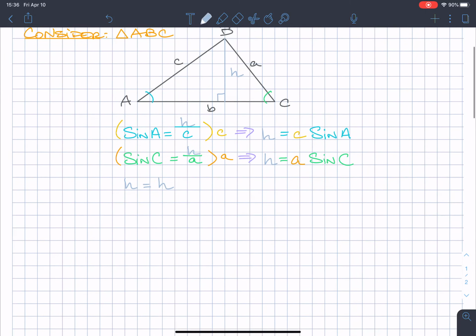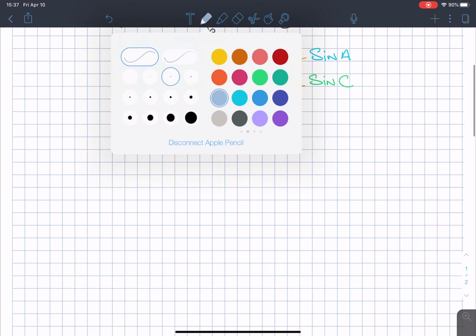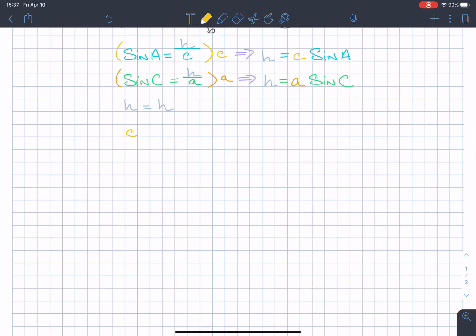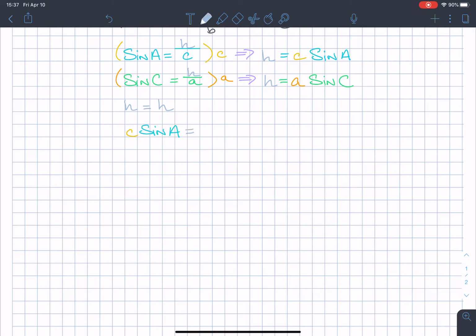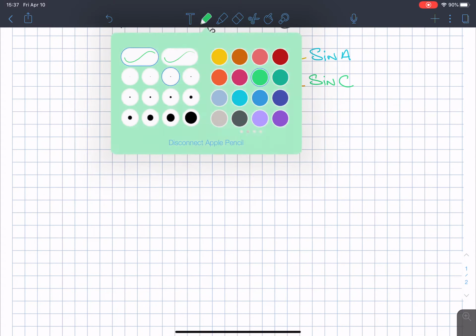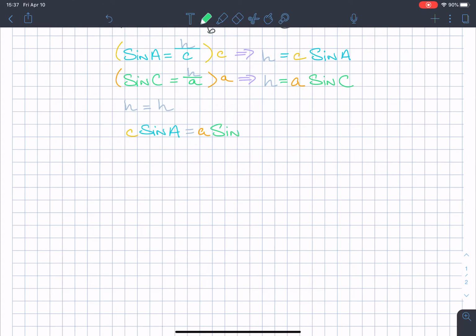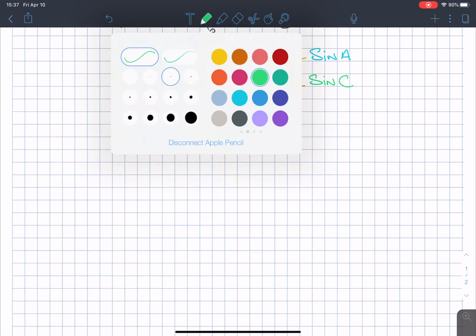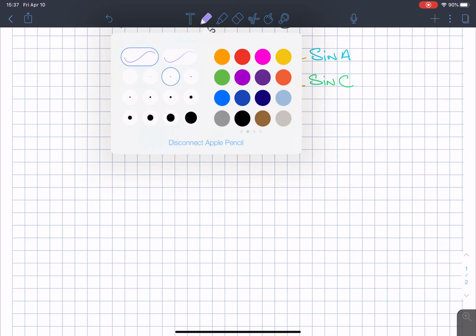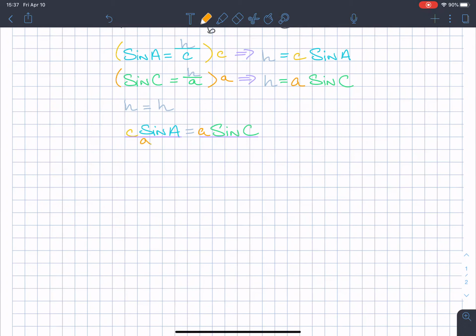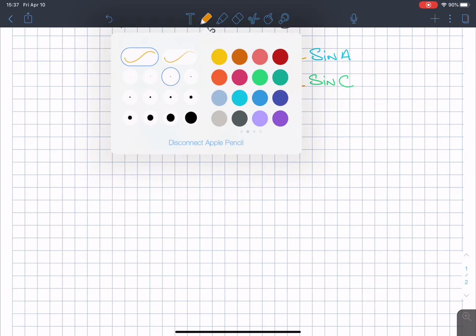But the height h is equal to the height h. Agreed? Anything is equal to itself. So that means I can take c times sine of A and set it equal to little a times sine of angle C. Then I can divide both sides by a and by c.